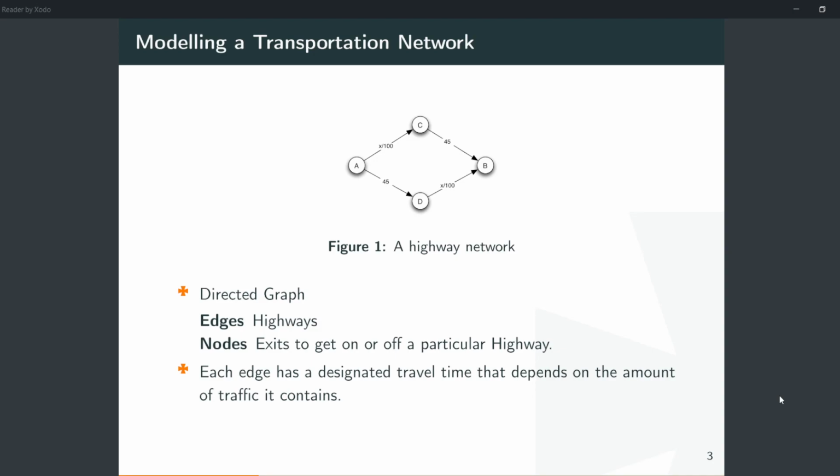So here AC, CB, BD and AD are the highways, and A, B, C, D are the nodes. The goal in this figure is to go from A to B, and C and D are the two stops we can take in between.